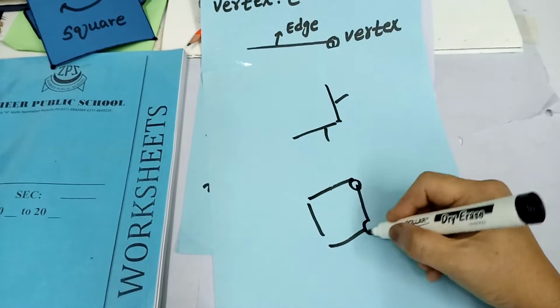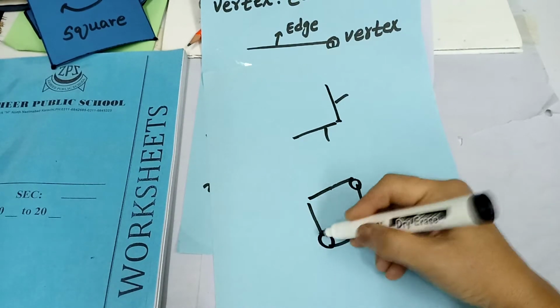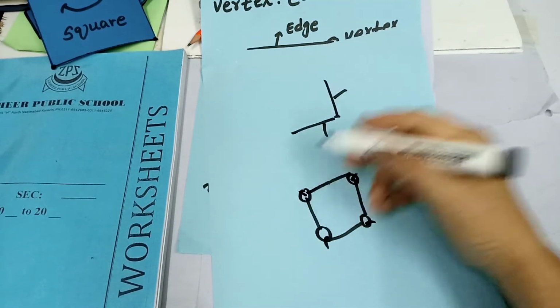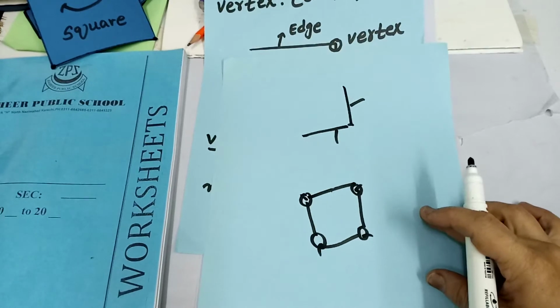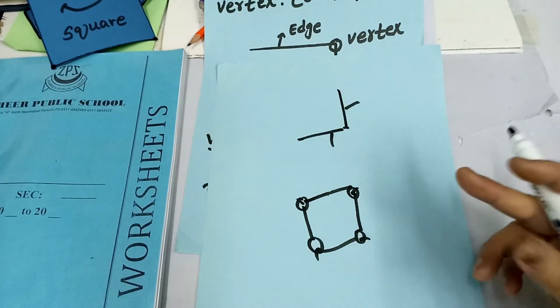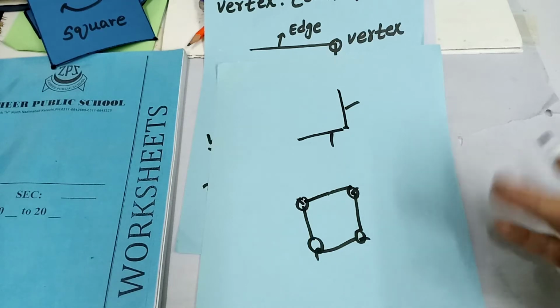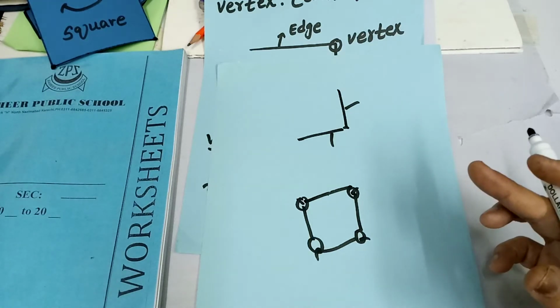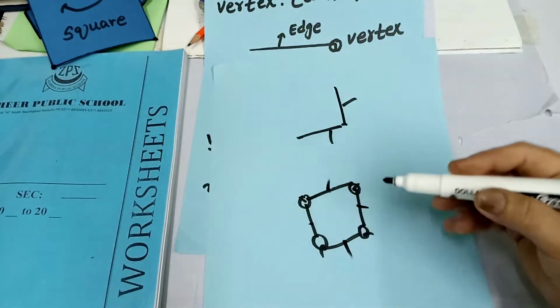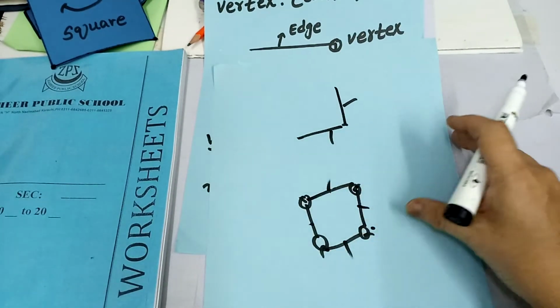These are called a vertex or corner. One vertex is one corner, and vertices means many corners. Edges are also called sides. Here there are 1, 2, 3, 4 sides and 1, 2, 3, 4 corners.